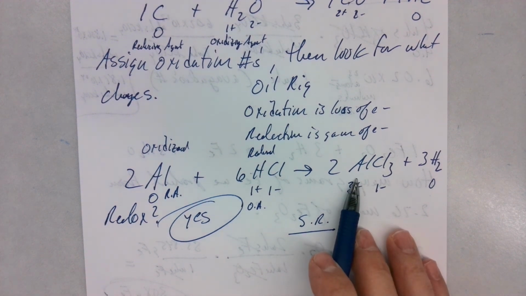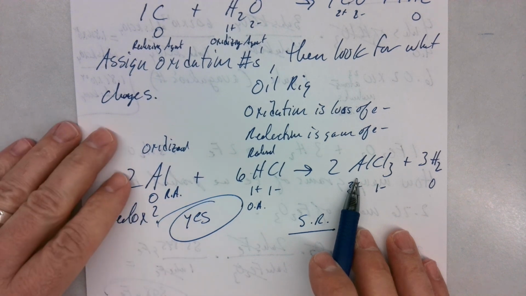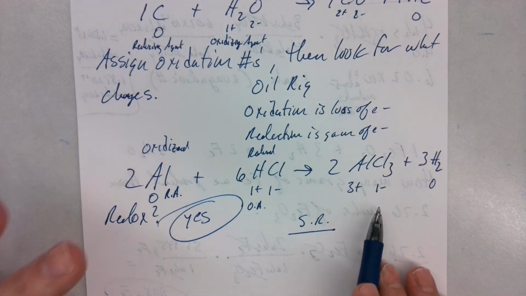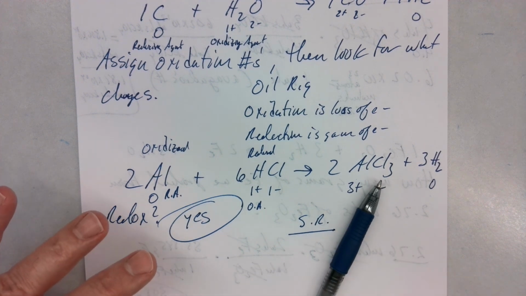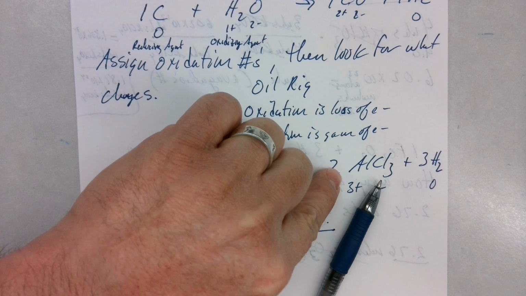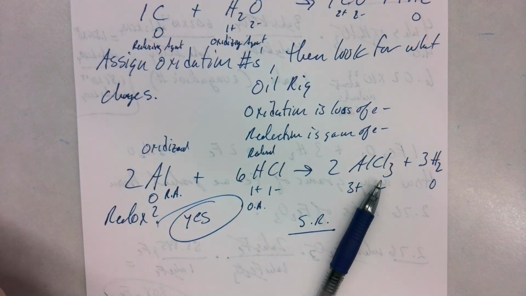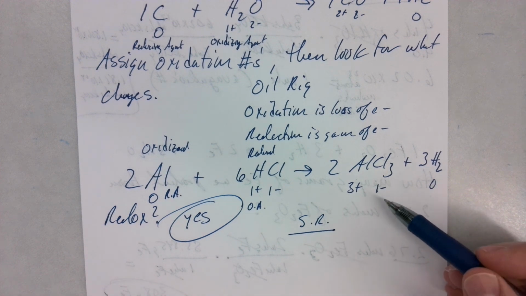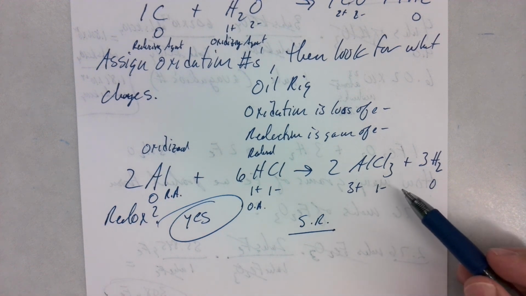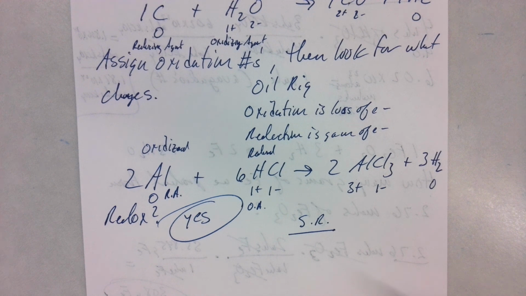The Cl, since it has the 3, that means it has to have 3 negative Cls, right? So what I got is each one's a -1 times 3 gives me a net 3 negative, which means that one aluminum has to be a net 3 positive. Does that make sense? So then how can you just write 1 negative? Well, because I'm talking about each Cl. You don't want to do it as a group. You're talking about each Cl. Okay.